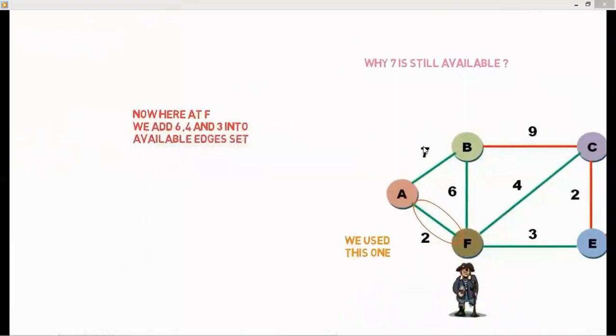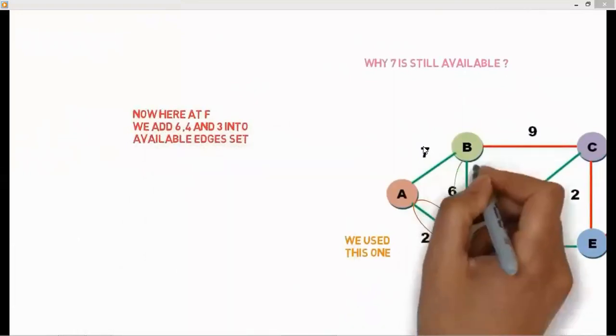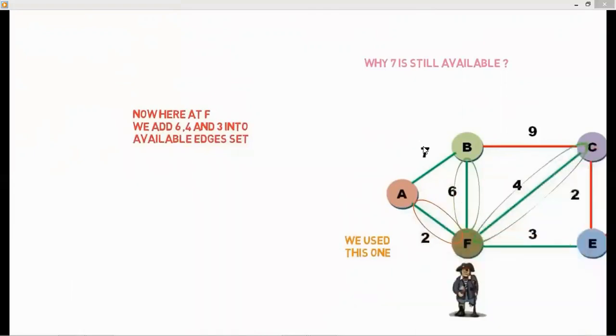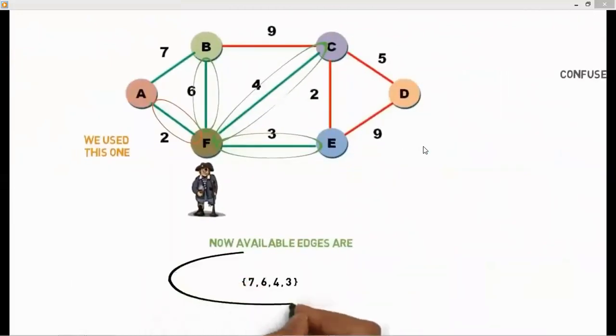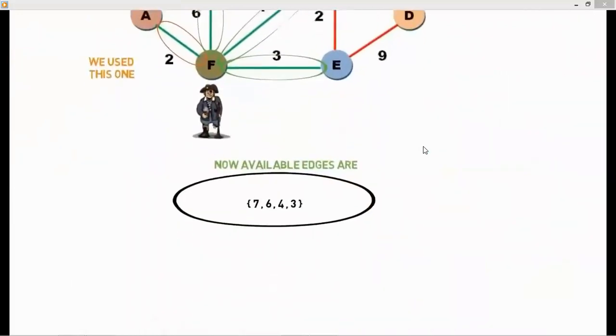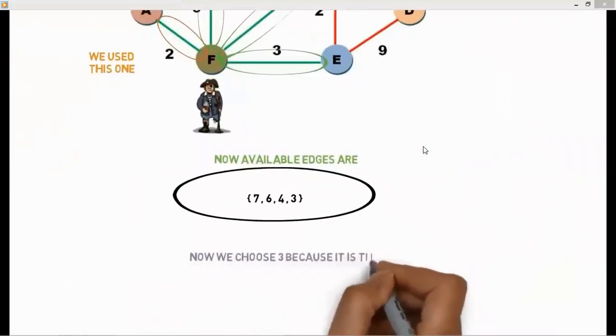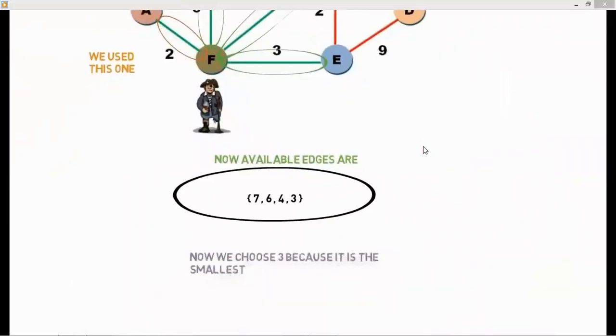Here for F we have 3 paths: 6, 4, 3. Among those 3 paths, the shortest path is 3. So we selected the F to E edge.